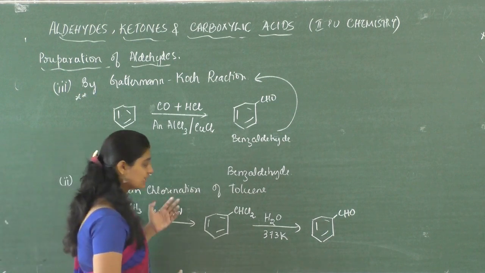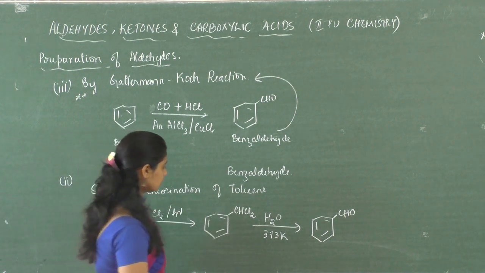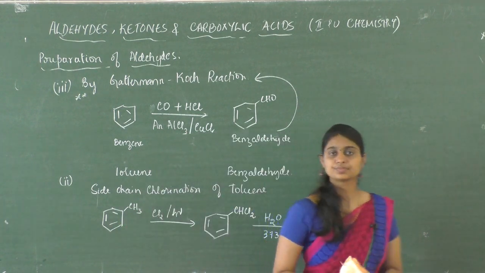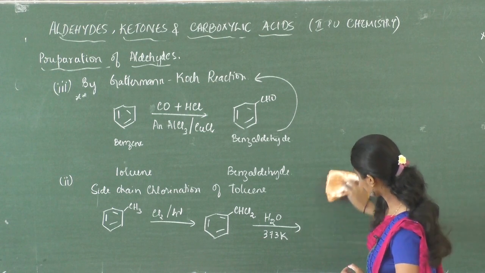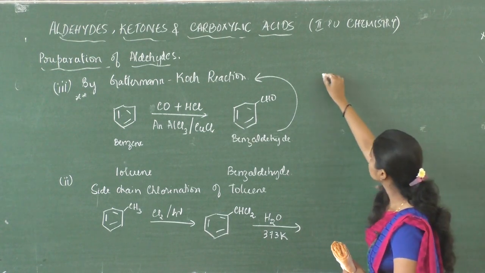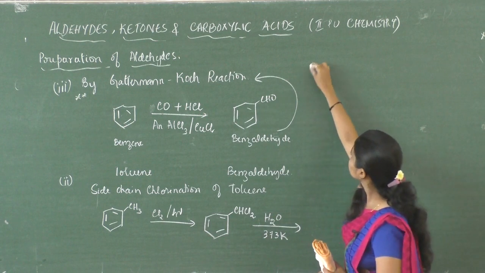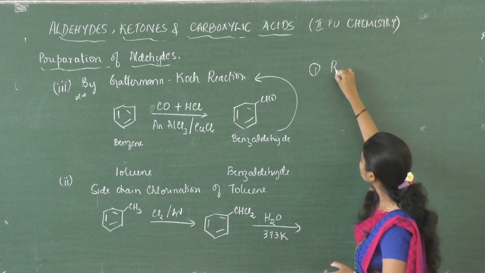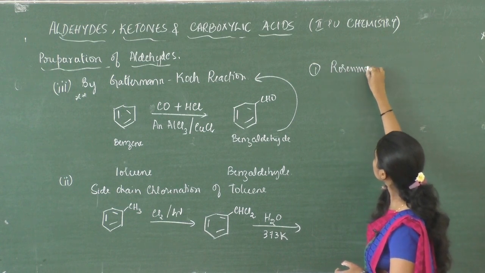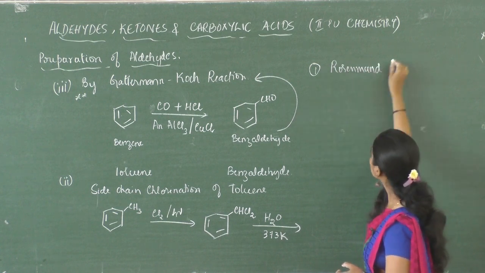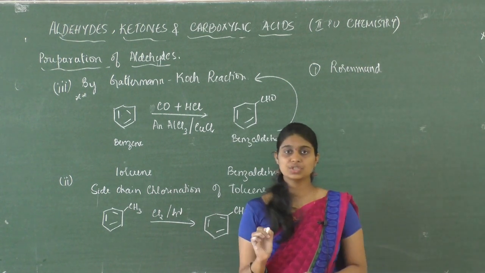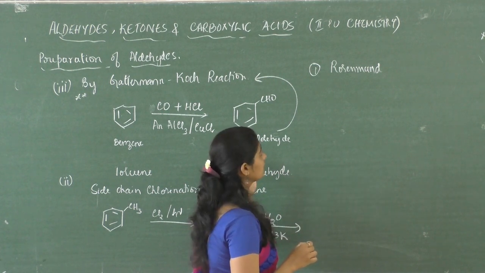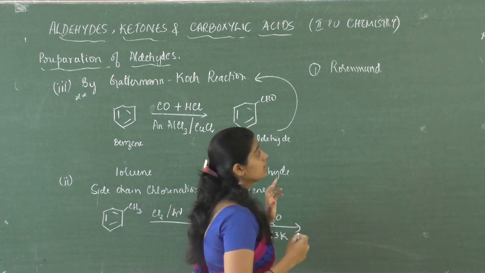The first method, let us recall it. The first method of preparation of aldehydes is by Rosenmund reduction. So you need to remember the reducing agent for the conversion of the corresponding acyl chloride into aldehyde.